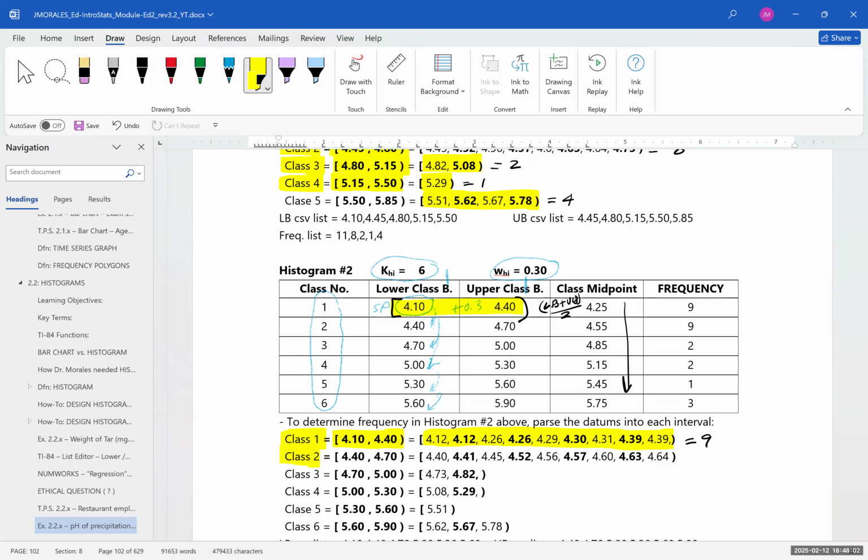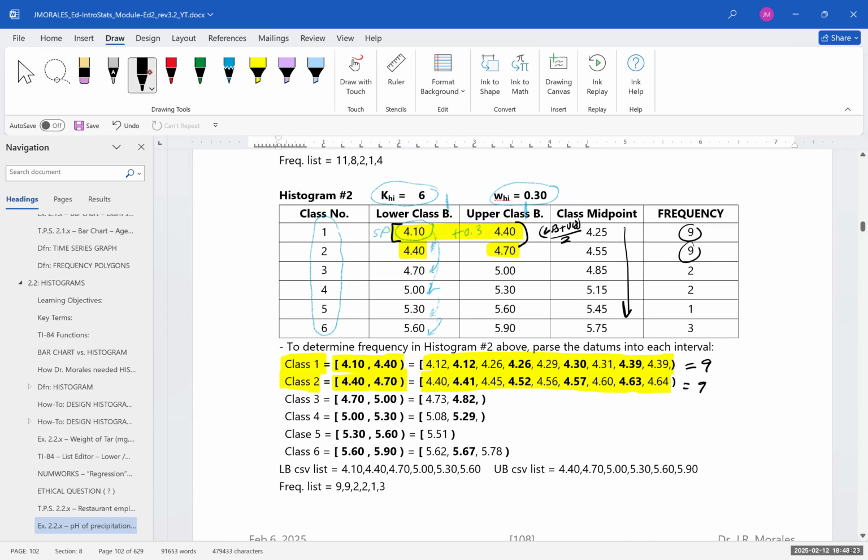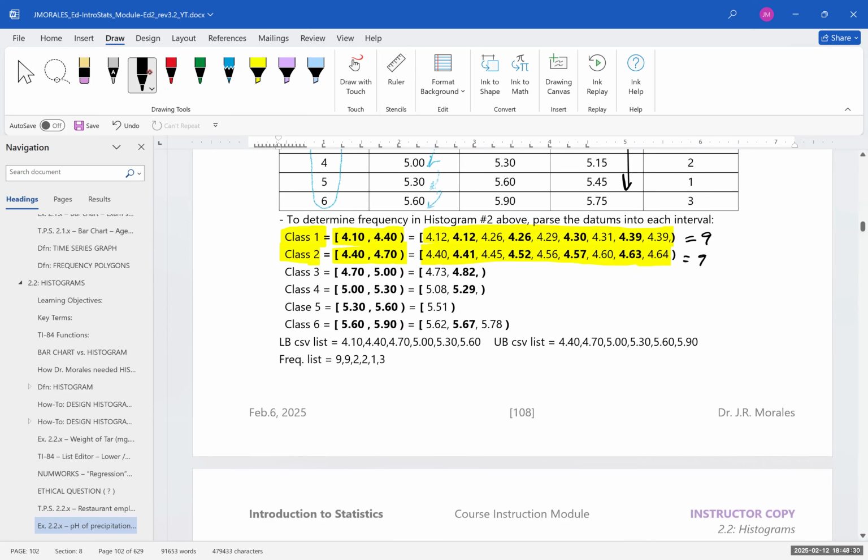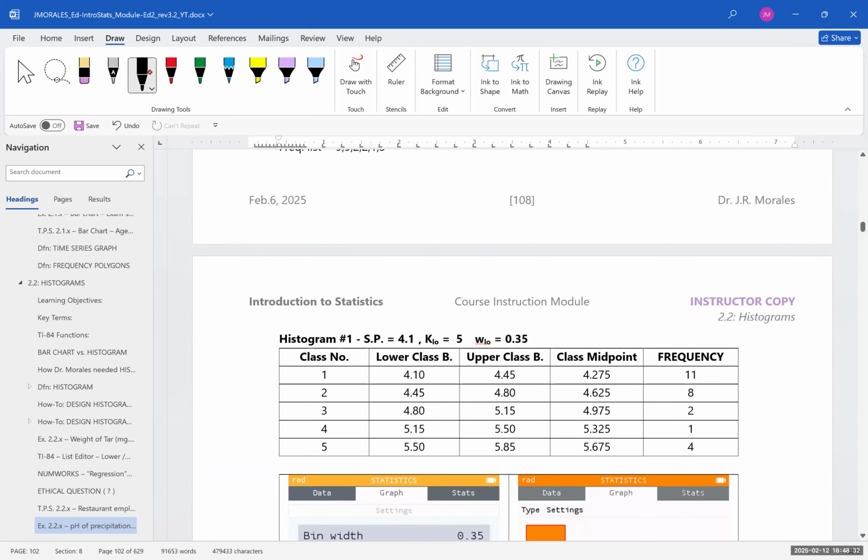Class 2 goes from 4.4, includes 4.4, but does not include 4.7. So it would include 4.4, but not include 4.7. And there's the same number. There's 9 of them. And that's where 9 and 9 comes from. Okay. So I just went through. You can look at this a little more carefully, but I want to try and keep this video as short as possible.